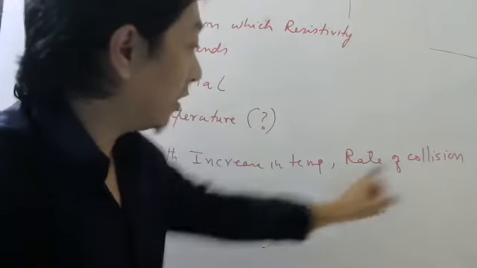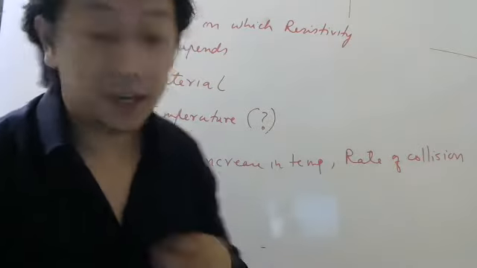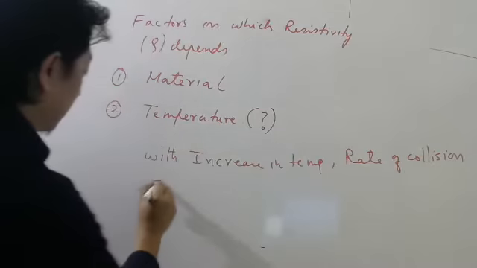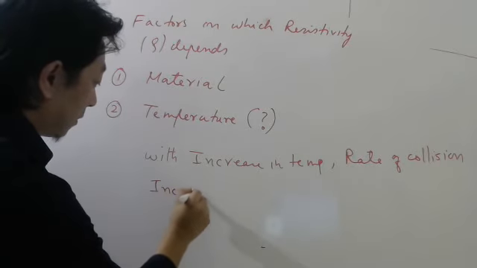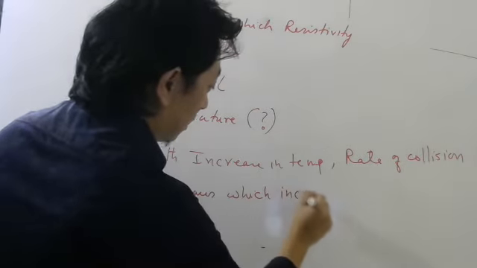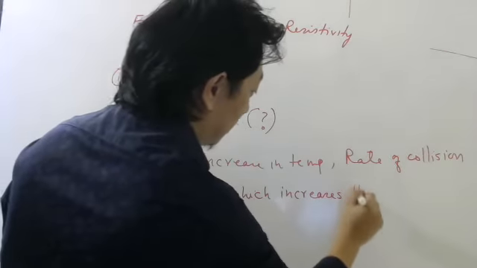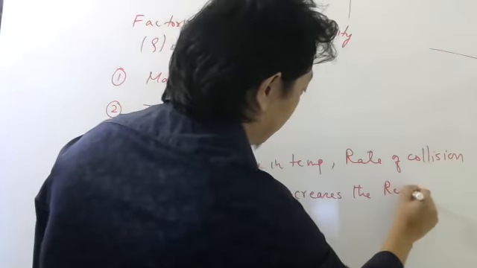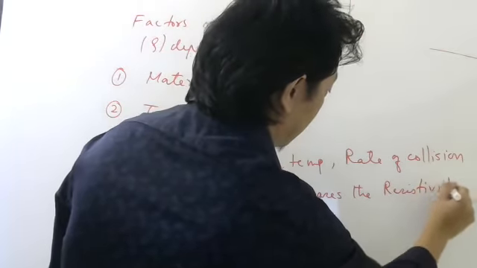So the rate of collision, how many collisions occur per second? So the rate of collision increases, which increases the resistance and therefore the resistivity.